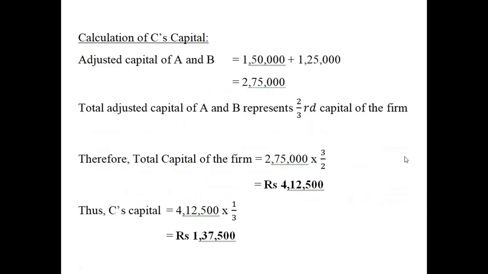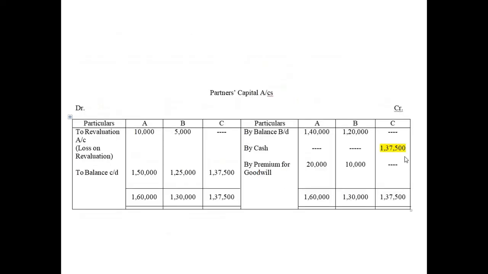Till now, in the sums we did, 64, 65, 66, whatever amount of capital was brought in by the partner used to represent his share of capital. But here we have to do the calculation from the side of the old partners' capital.